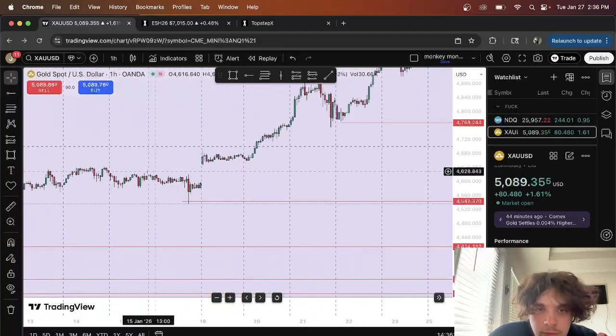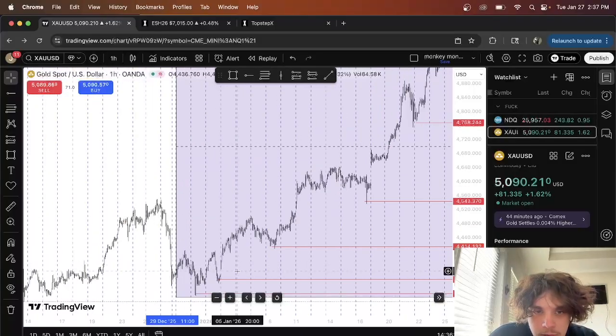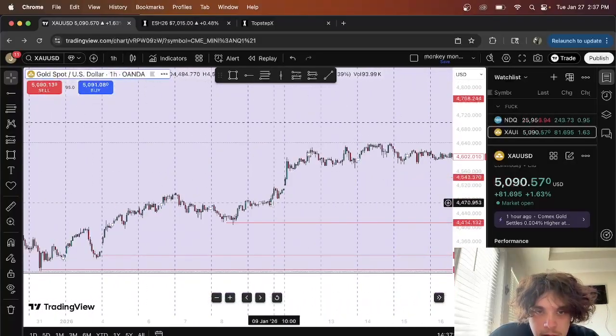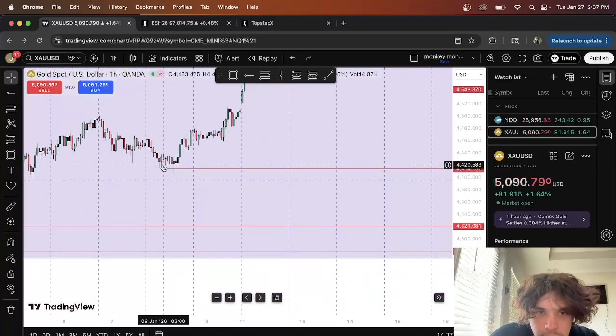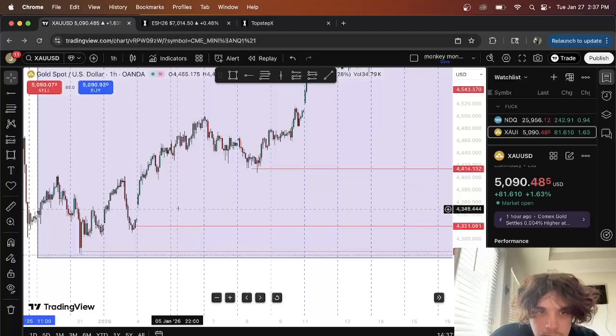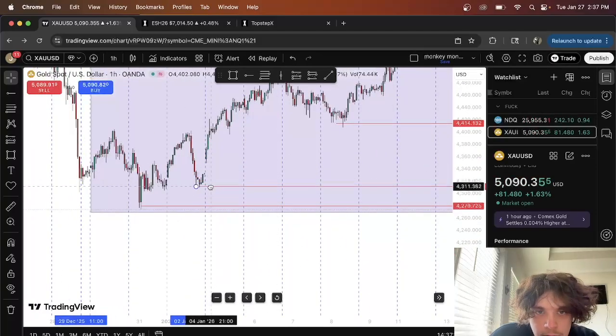So if we zoom in, what is that? Move up, move down, then I move up. That's a low. What is this? The lowest points of these two, move down, then I move up. What's this? Move down, then I move up, right?